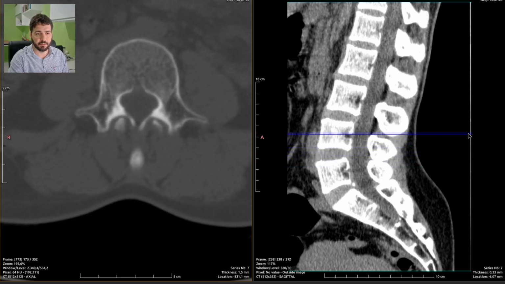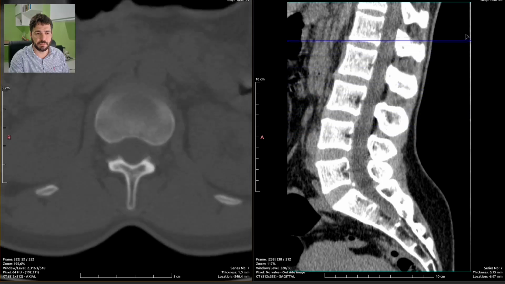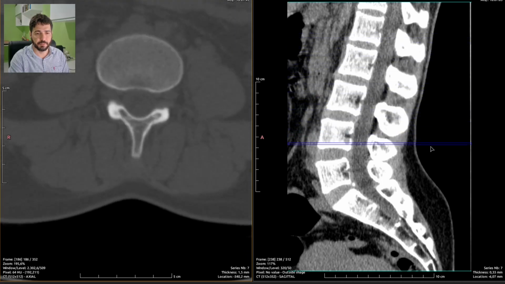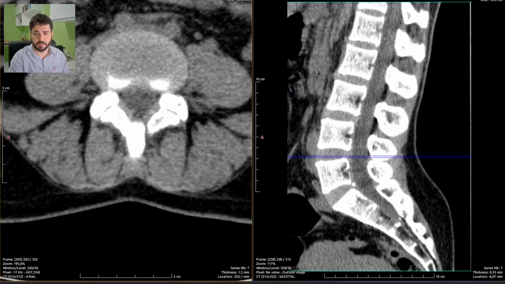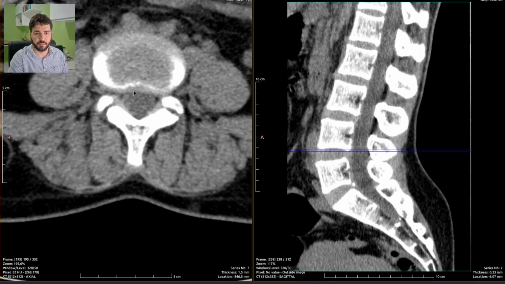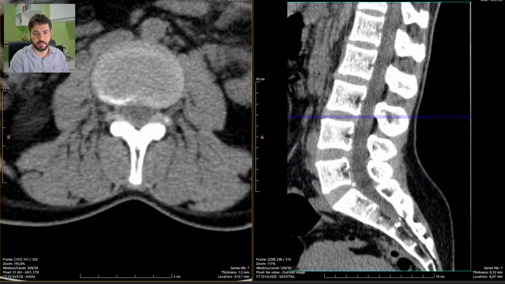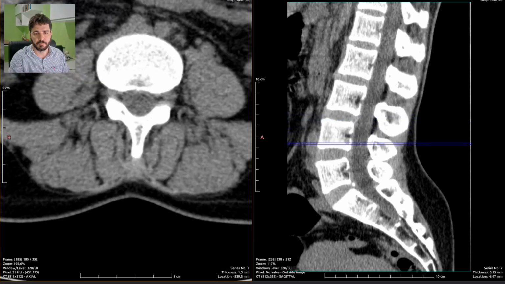There is really no sign of significant arthrosis, nor fractures, nor bulging discs in this case. Maybe a very tiny, very mild bulging disc. You can't really tell.